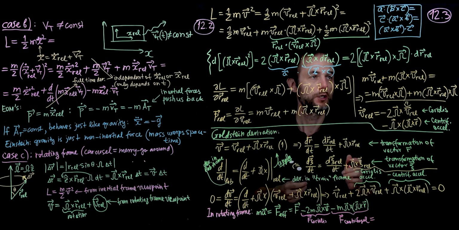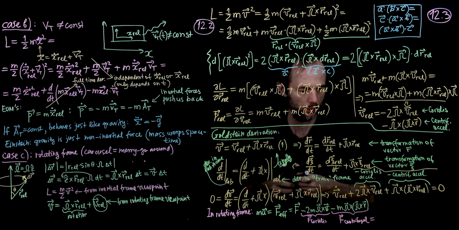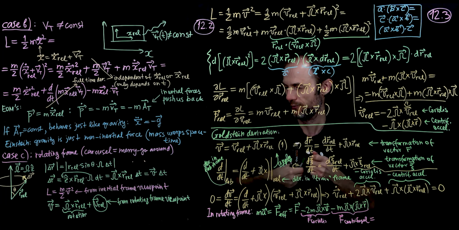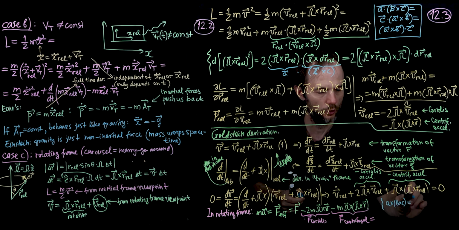What we can do is we can use another one of those vector relations. Let me write them out. Let's see where I can squeeze them. I can write it out over here. So if we have A cross B cross C, it will be equal to BAC minus CAB.